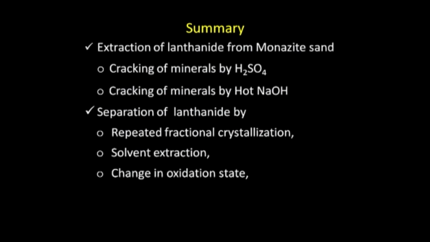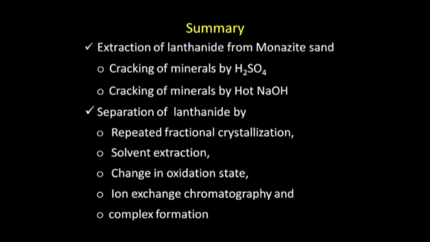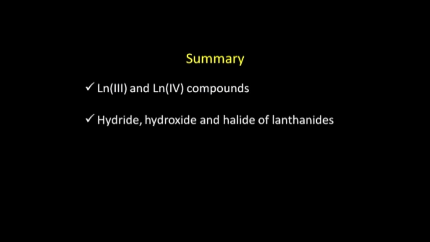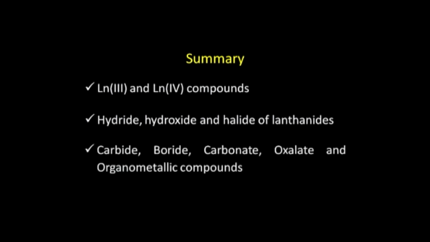The change of oxidation state, whether from +3 to +4 or reduced, was discussed. Then the ion exchange chromatographic method was discussed along with the complex formation method. The lanthanide +3 and +4 compounds, their hydroxides, hydrides and halides were discussed. The carbide, boride, carbonate, oxalate and organometallic compounds were discussed in detail.